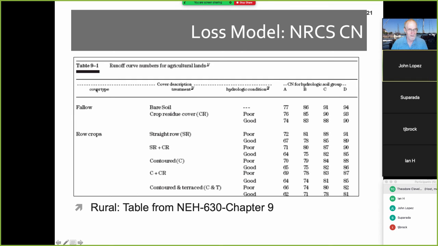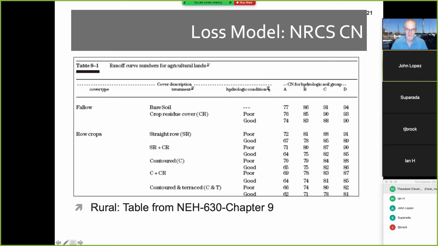And so it starts with a descriptive process. So the type of soil cover, so row crops, and there's probably pages for grassland and harvested forest and so on. And then the cover treatment, whether it's bare soil or residue, straight row, contour plowing. And then there's a hydrologic condition.